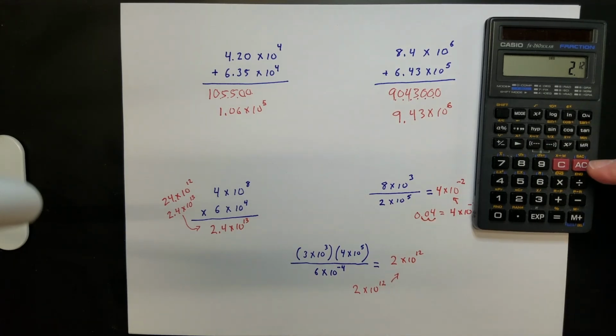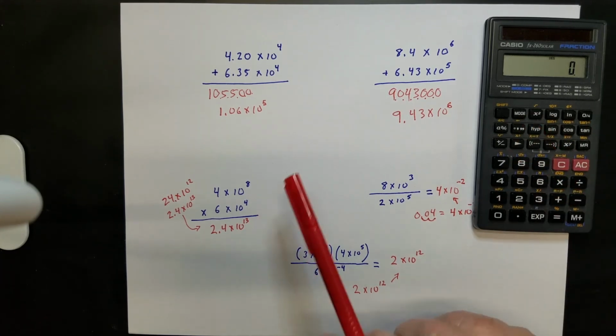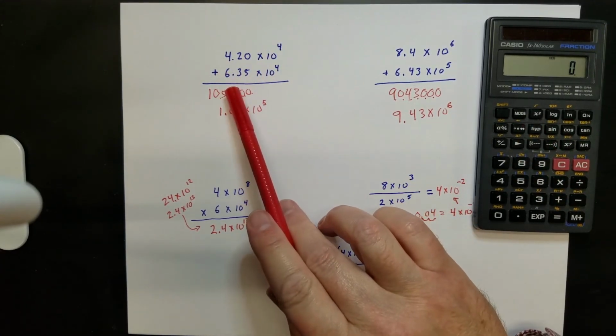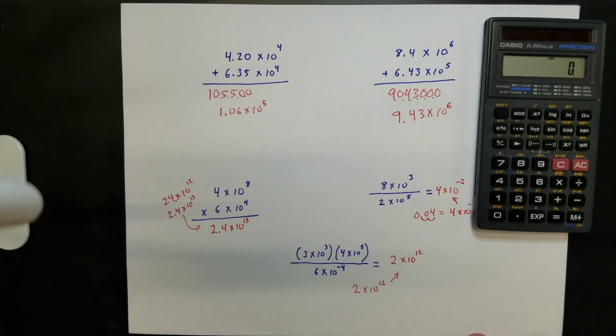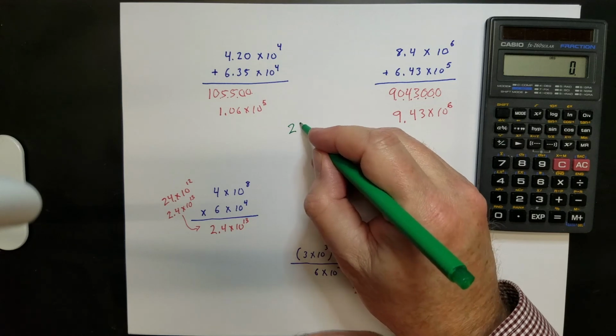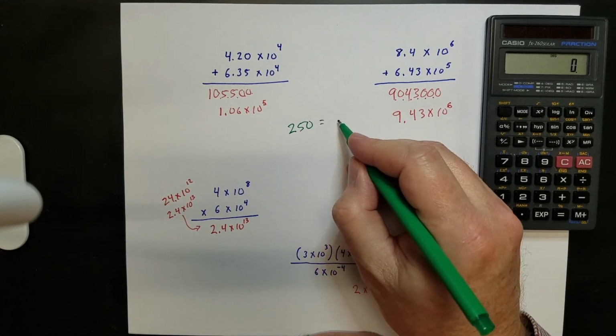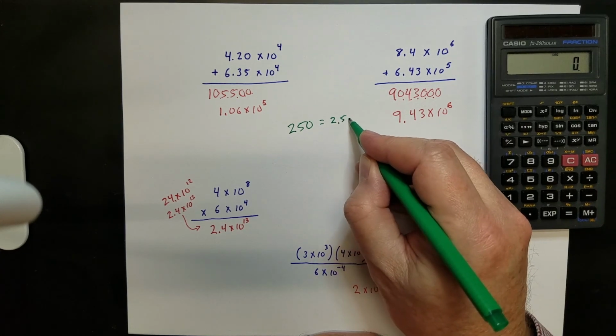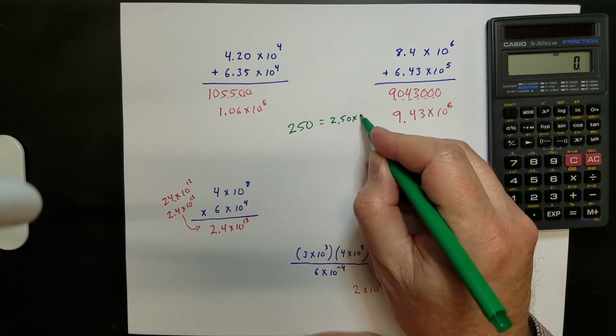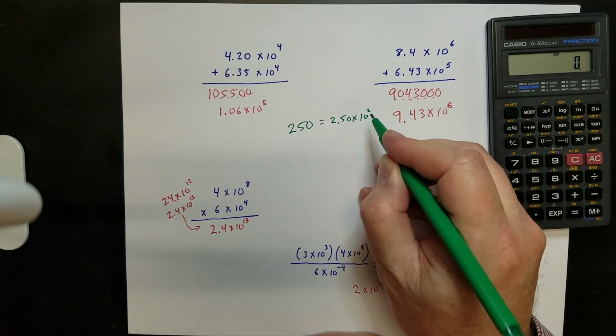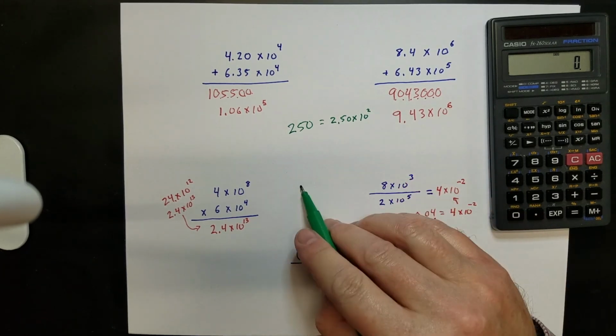Now, when do you put a number into scientific notation? Really, if it takes up less space on the paper, put it in scientific notation. If it doesn't, then don't. Like I wouldn't put 250 in scientific notation, because 250 in scientific notation is 2.50, even if you leave that off, times 10 to the second power. That still takes up more space than this.